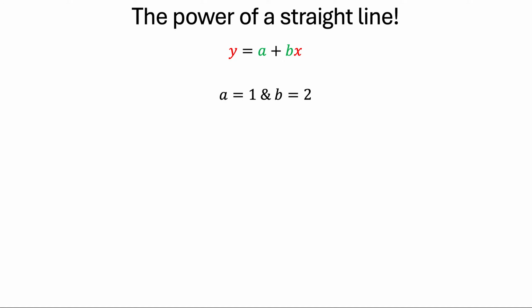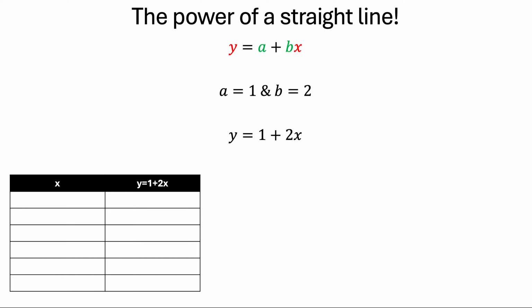Now, in order to demonstrate how this straight line equation works and why it's so useful for us, it's helpful to assign some numbers to the parameters a and b. I've gone for a equals 1 and b equals 2. So if I was to plug these into our equation for a straight line, we end up with y equals 1 plus 2x. Importantly, what this equation allows us to do is calculate y for different values of x.